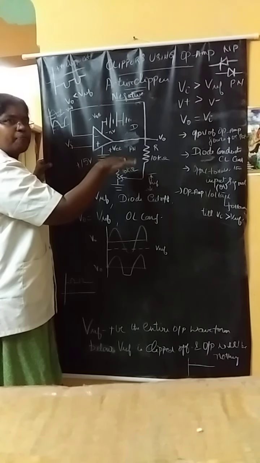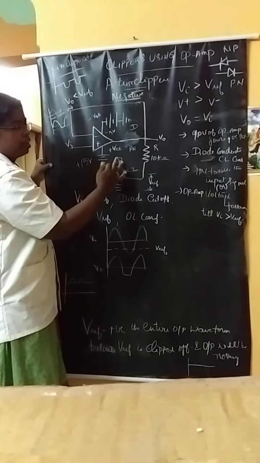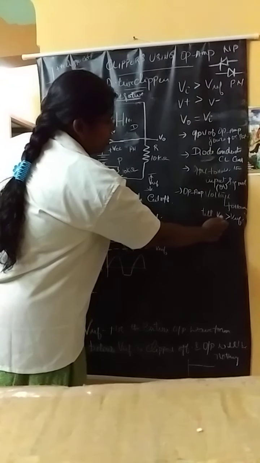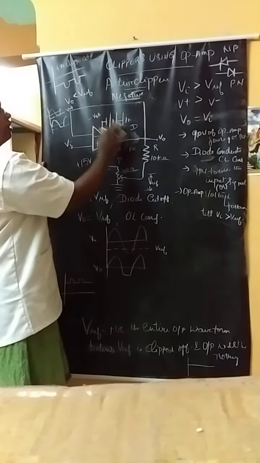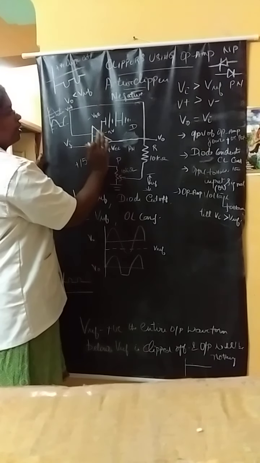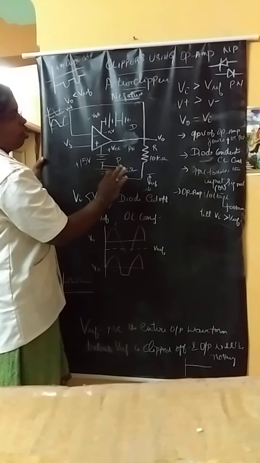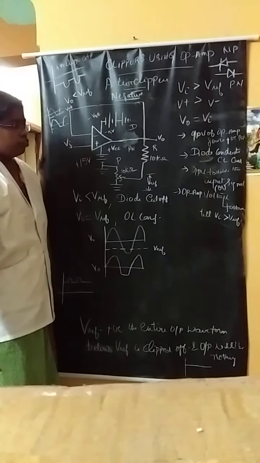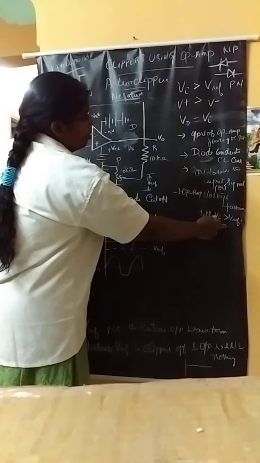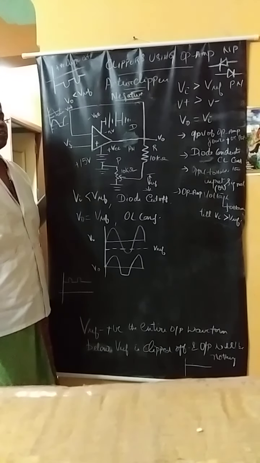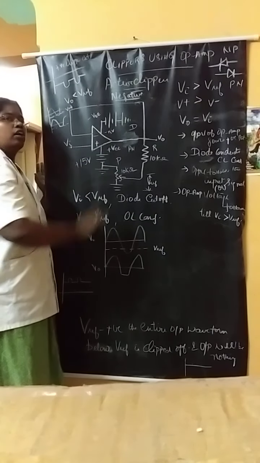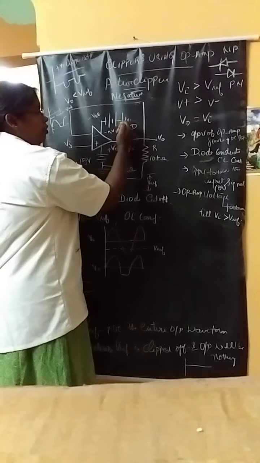The op amp acts as the voltage follower until VA is greater than V reference, and the output voltage of the op amp goes to positive saturation. Can you follow me? This circuit acts as a closed loop configuration.